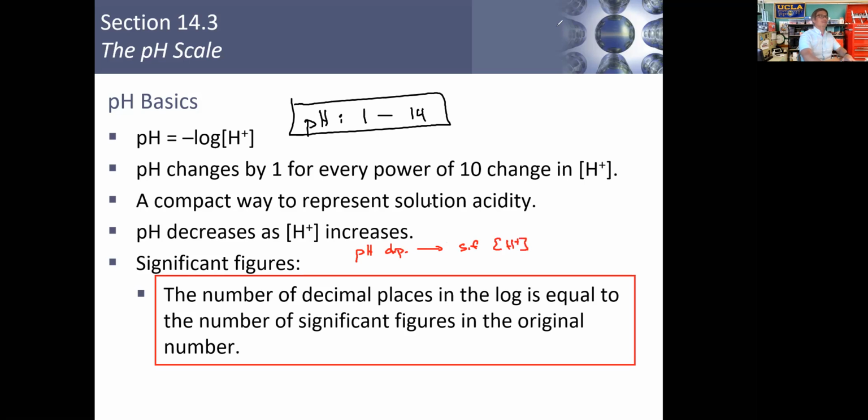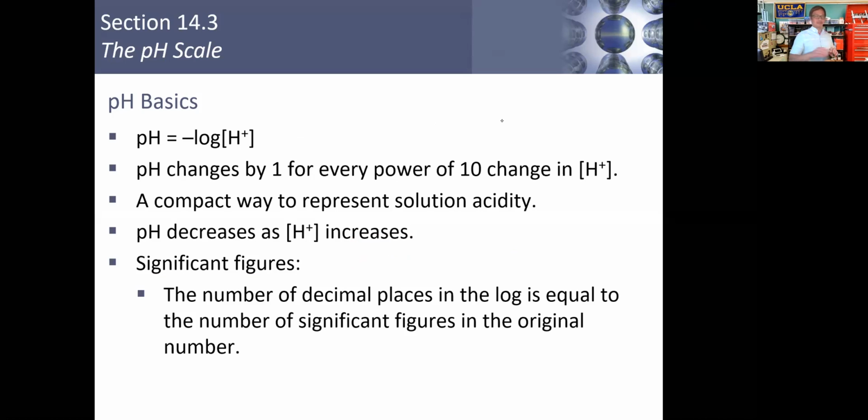Keep this general rule in mind, and that should help you. The number of decimal places you're allowed to keep for the pH depends on the number of significant figures in the hydrogen ion concentration. Keep that in mind as we move forward. All right, let's go ahead and continue on.